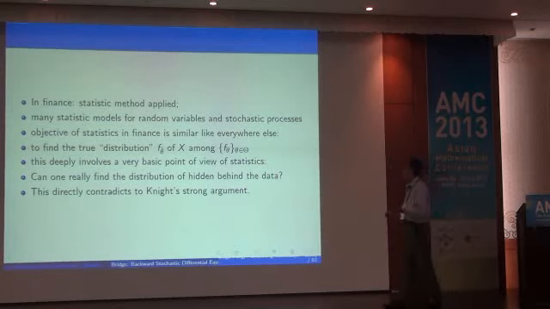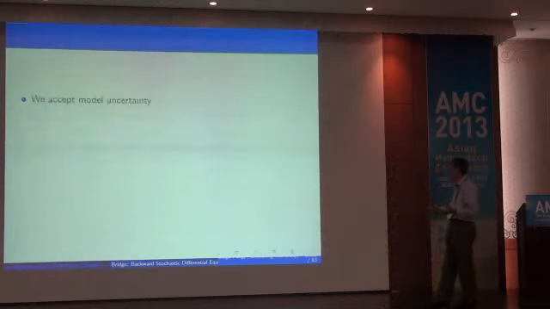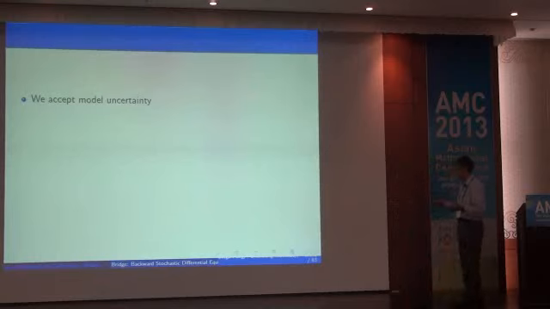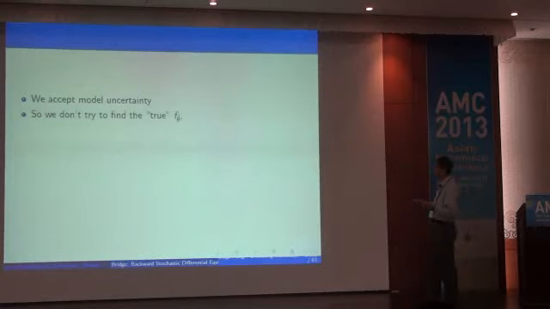So this is directly contrary to nice strong arguments against the known probability. In our approach we accept model uncertainty, probability and distribution model uncertainty.